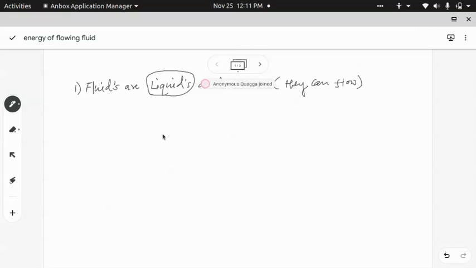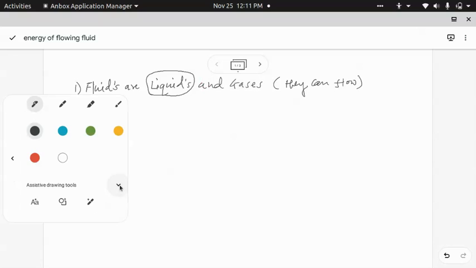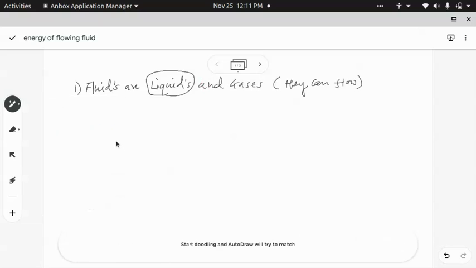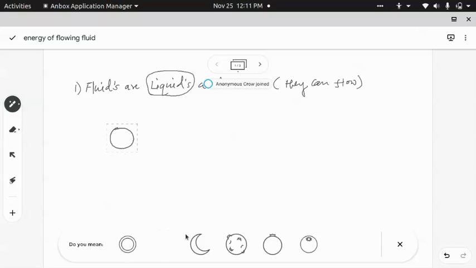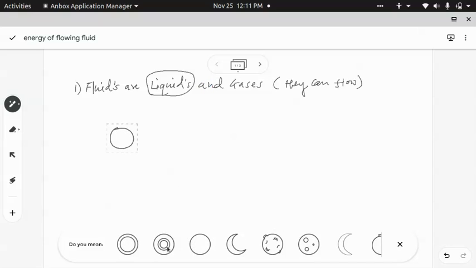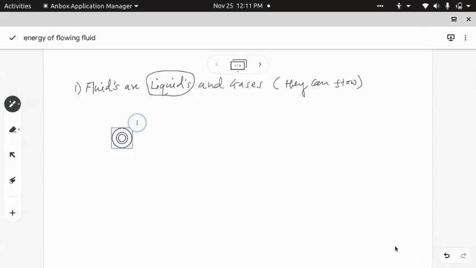Suppose I have a diagram like this, and this is a wheel.